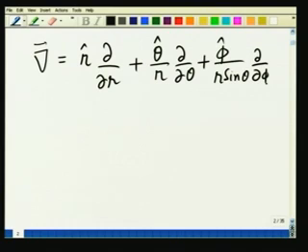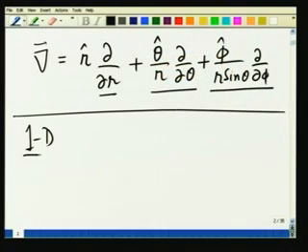That makes perfect sense, because this is the distance covered in phi direction, this is the distance covered in theta direction, this is the distance covered in r direction. So, just a word of caution that when you go from one coordinate system to the other, take proper transformations to define the gradient operator.